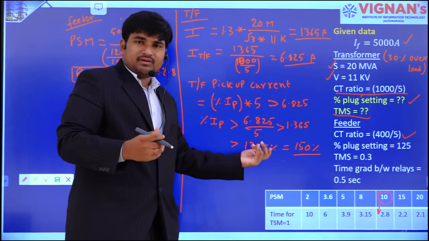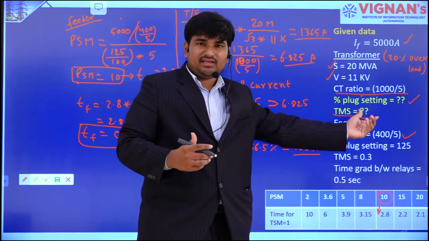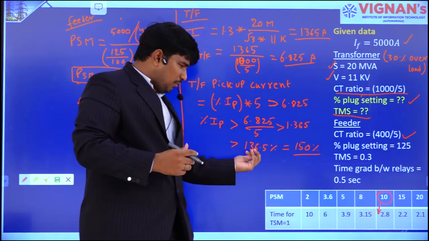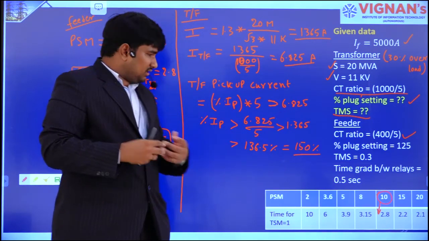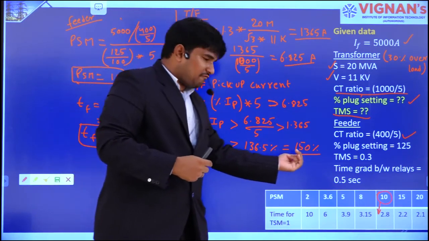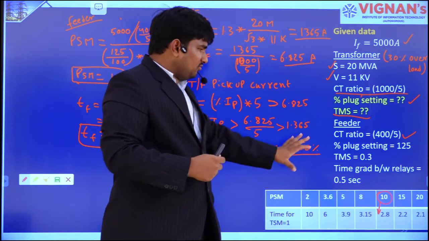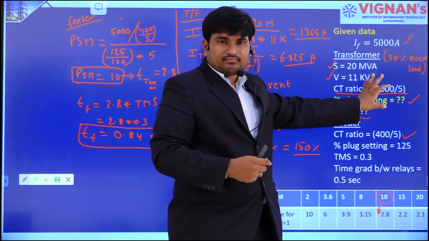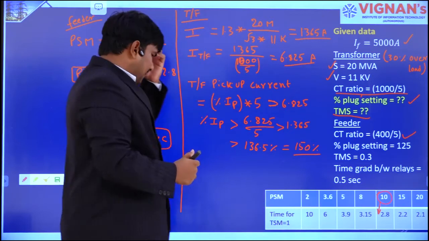The plug setting should be greater than 136.5 percent, and the round value nearest to this is 150 percent. Now from this assumption I will calculate the plug setting multiplier.